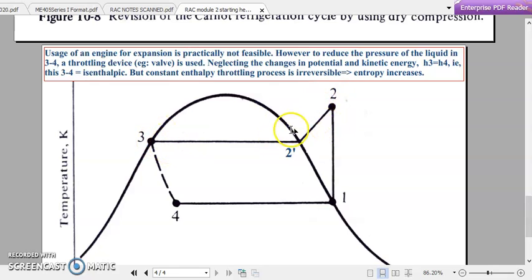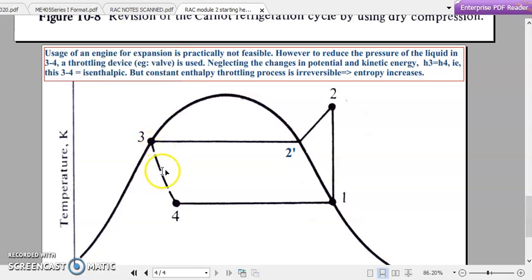So during 2 to 3, the superheated vapor form of the refrigerant will slowly be transformed into the liquid form of the refrigerant, but it will be at a still higher pressure. Okay, so at point 3, the working fluid will be liquid, but at the same time it will have a very high pressure.